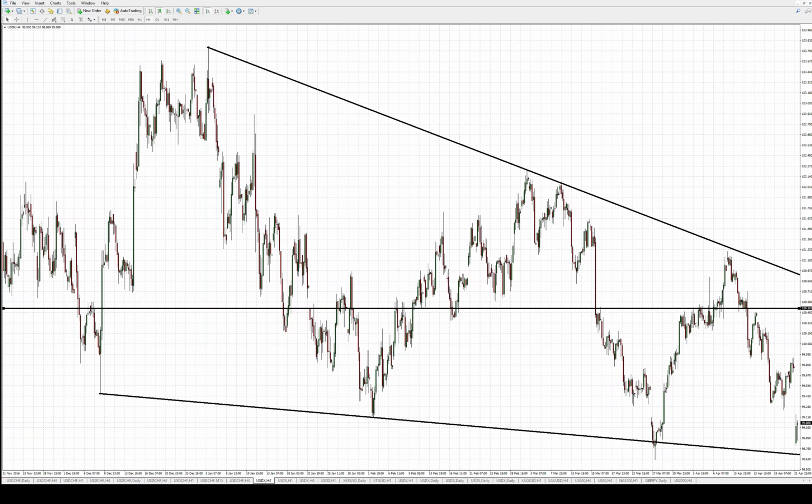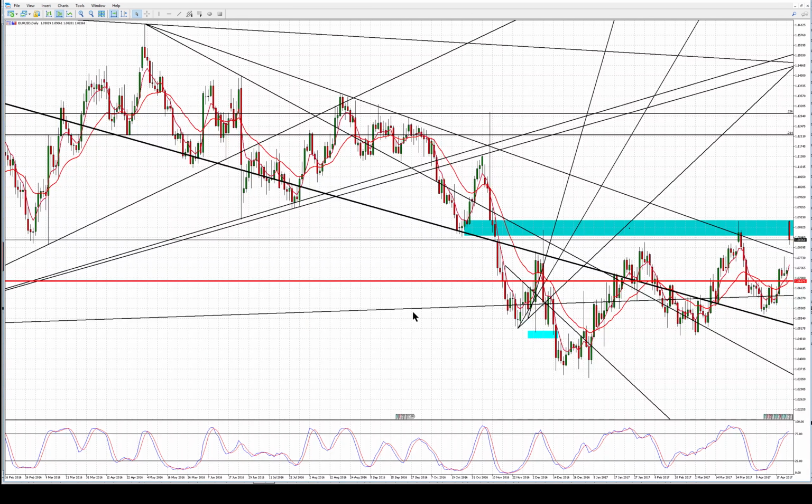Apart from that, if I look at the euro dollar, the euro dollar obviously is in a similar situation. I have this head, shoulder, head, shoulder, and I have a similar situation to the US dollar index where it basically pulled back so far that this no longer looks like a head and shoulders.